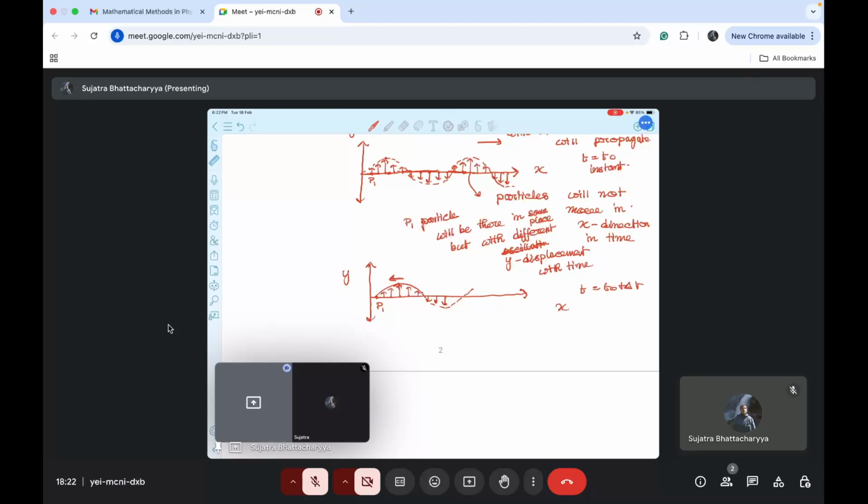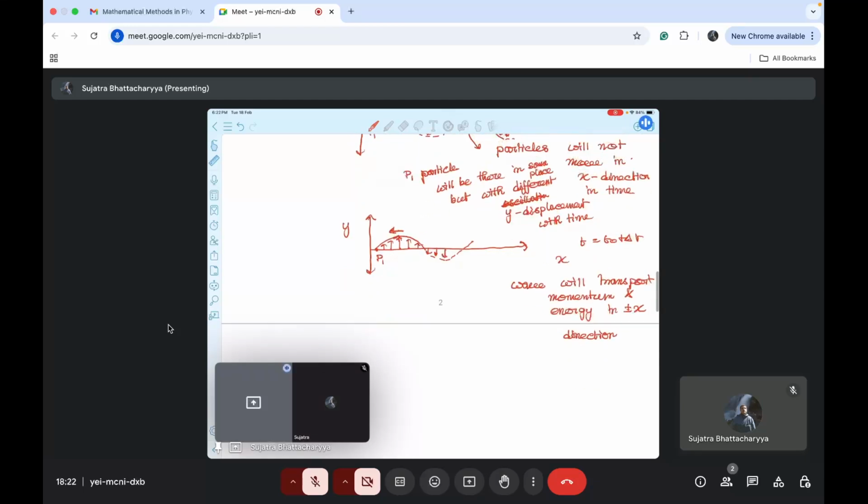So the wave will transfer momentum and energy in plus or minus x, whichever direction you want to transfer.